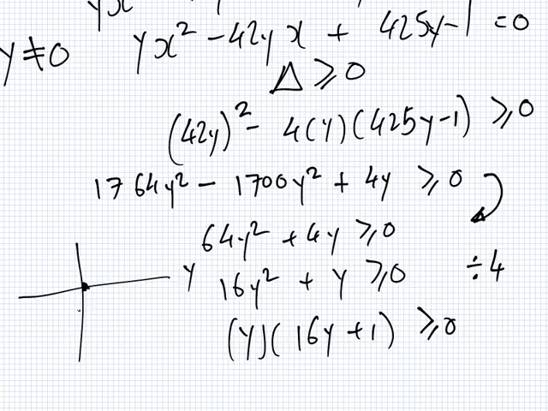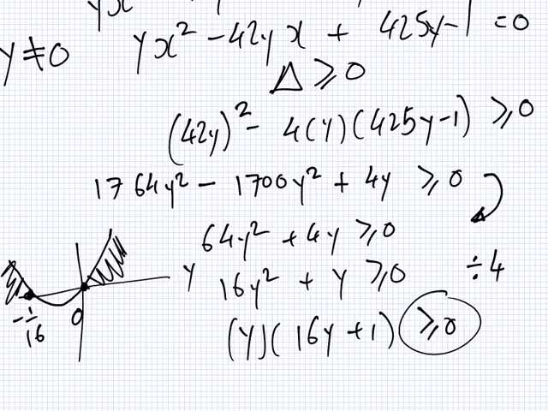You're looking for above or below? Above. So that's here and here. So you need y to be less than or equal to minus 1 over 16, or y to be bigger than or equal to 0.